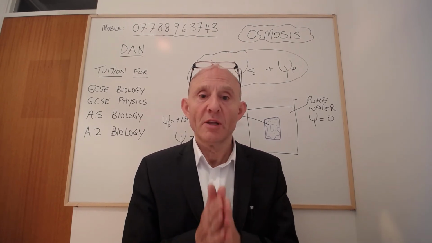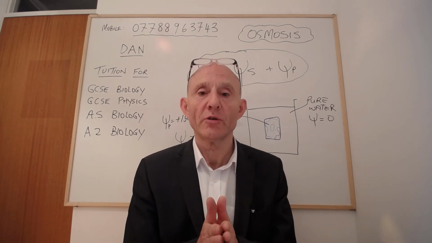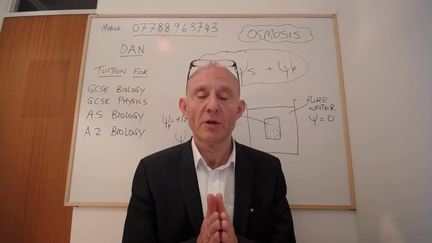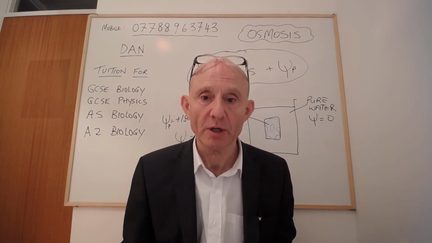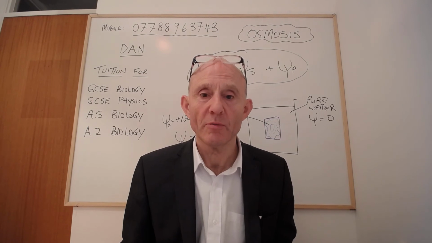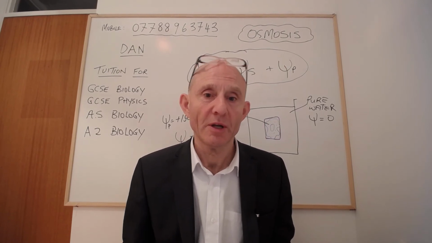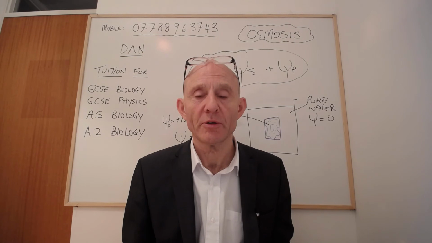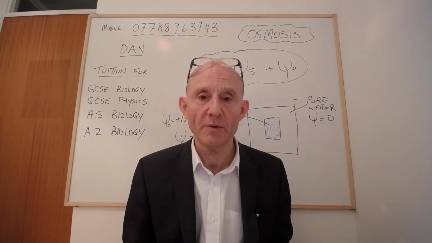You could say that the solution in which there was no change in their size or shape had to be isotonic with the cells of the potato. So you're able to then estimate the water potential of the potato cells.